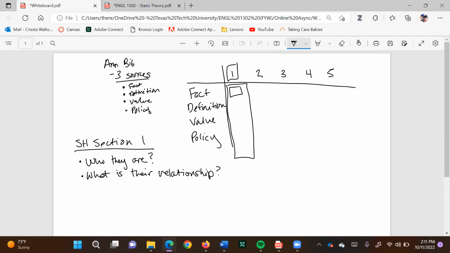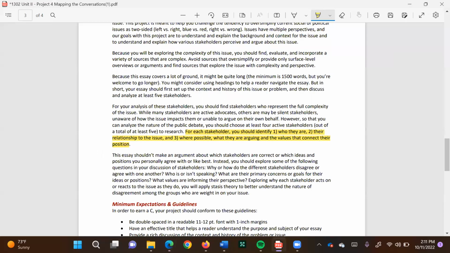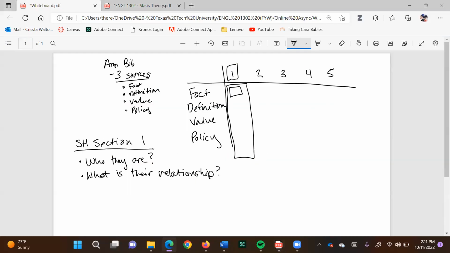And then last but not least, we want to ask, what are they arguing and what are the values that connect their positions? And so we want to go back to our, what are they arguing? It's when you get to this, what are they arguing, that you're going to employ stasis theory.